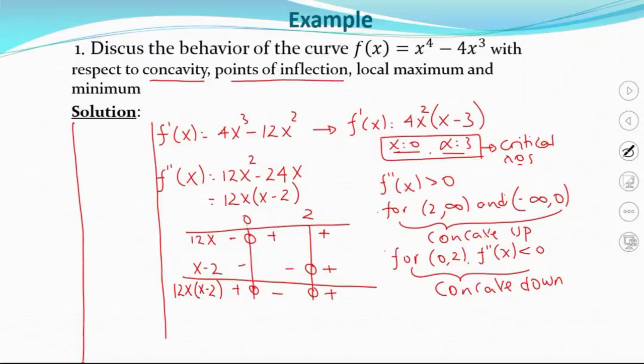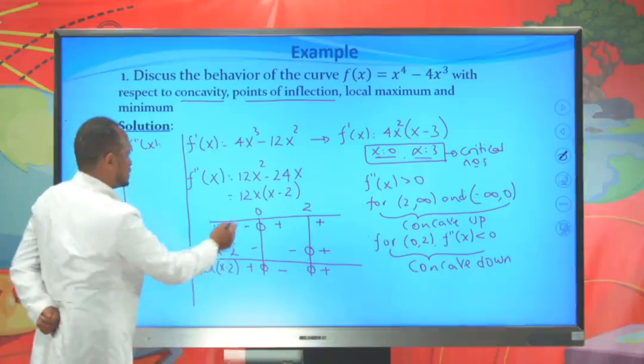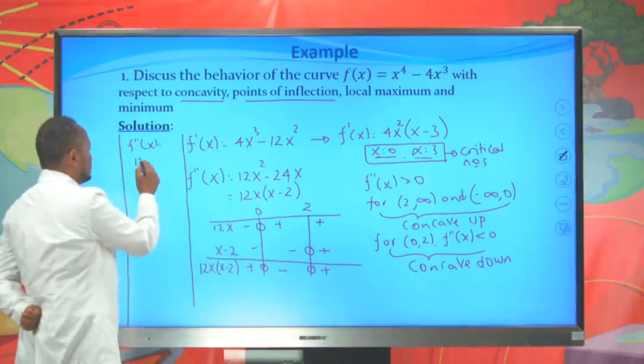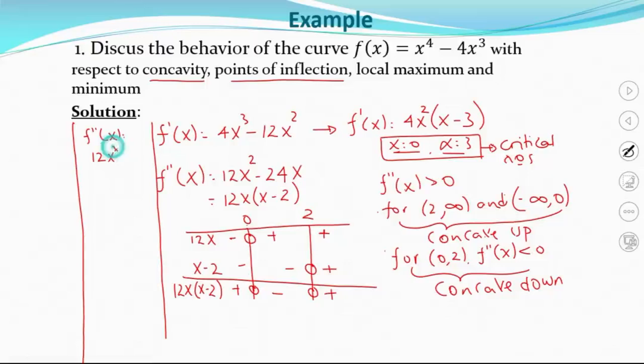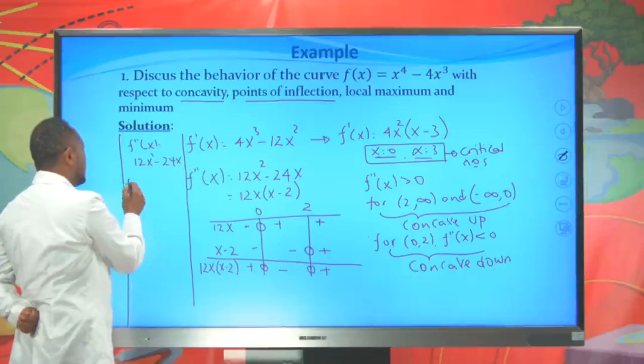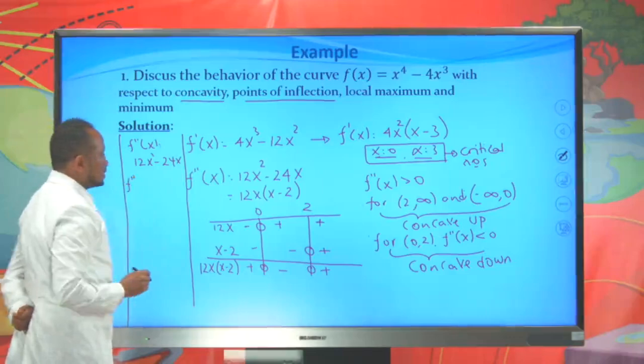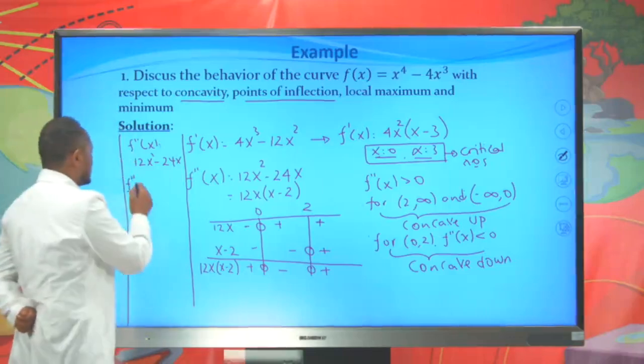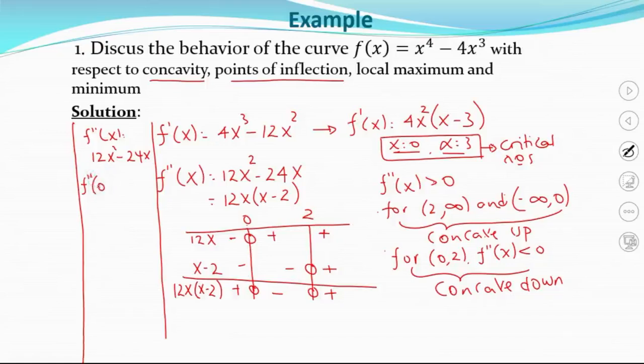The second derivative of our function is given by the expression 12x squared minus 24x. So the second derivative at x equal to 0 is 0.